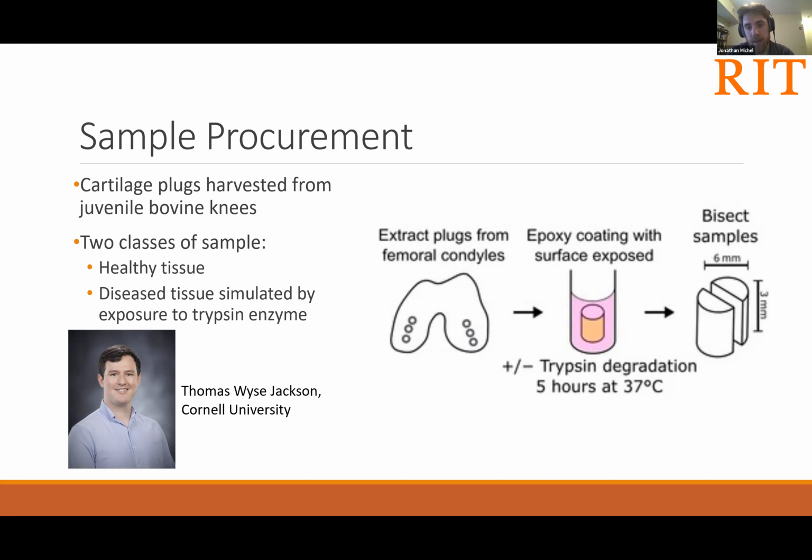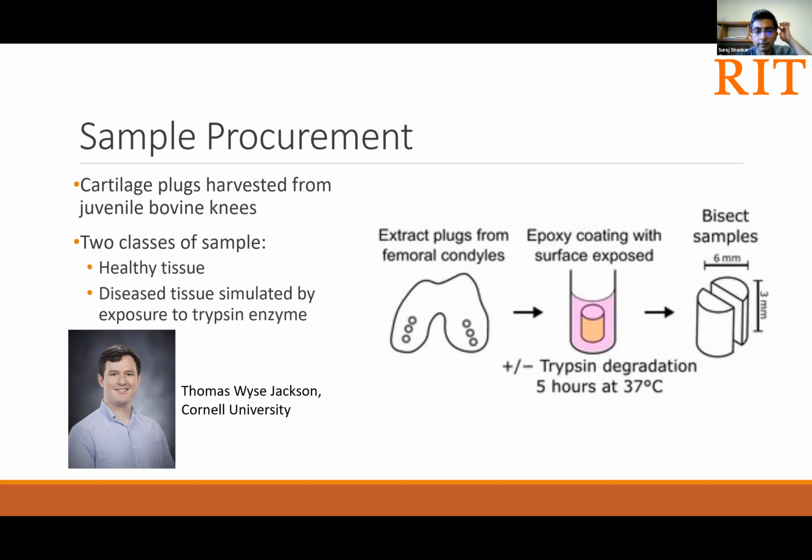These plugs are then coated with an epoxy resin, and then they can either be subjected to trypsin, which is an enzyme that digests away the proteoglycans in the polyelectrolyte gel surrounding the collagen matrix, or else left as control healthy tissue.